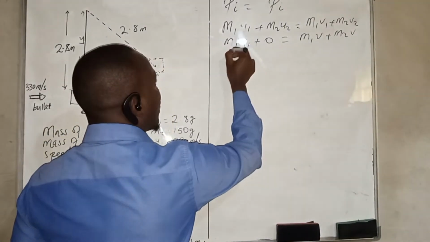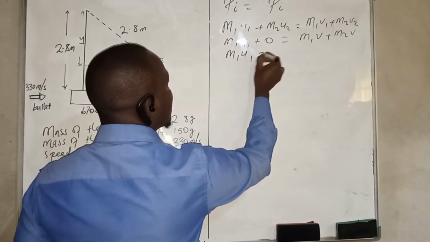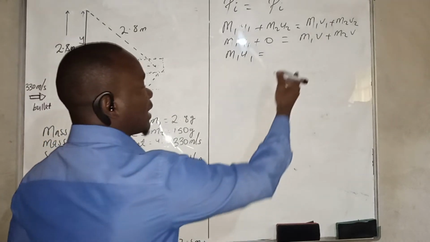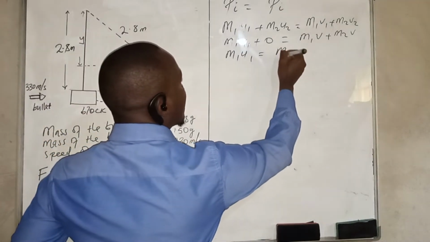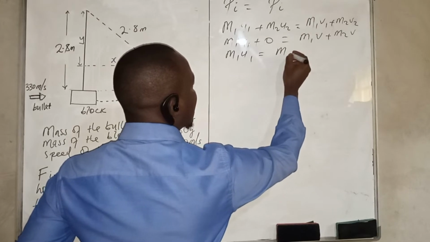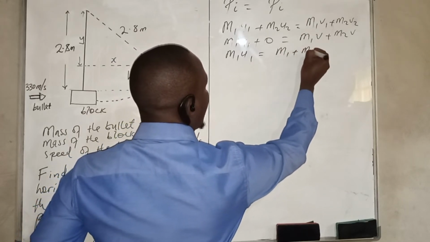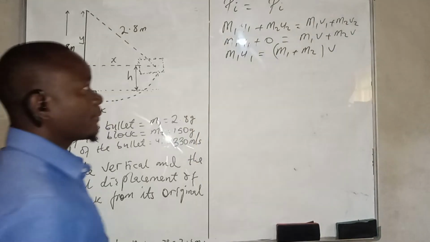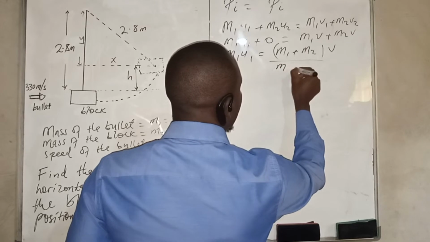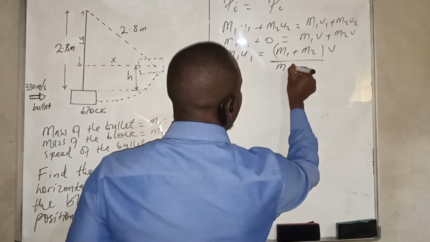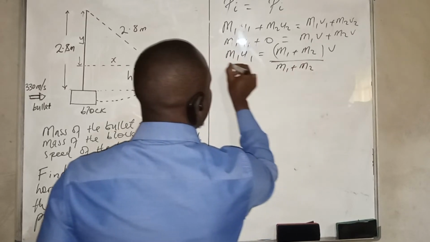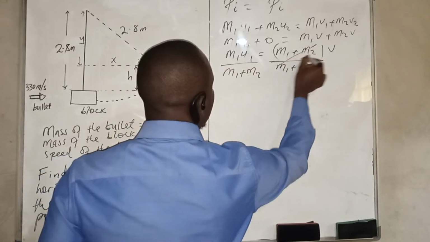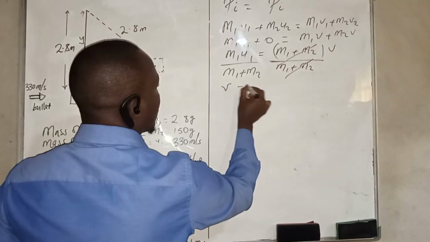So m1 u1 is equal to, since velocity is common, we can factor it out, v times m1 plus m2. Making v the subject of the formula, we divide by m1 plus m2, so that this and this cancel, then the velocity.